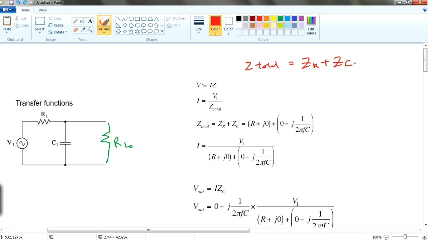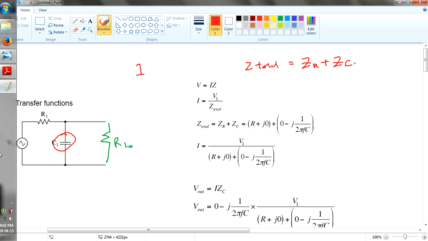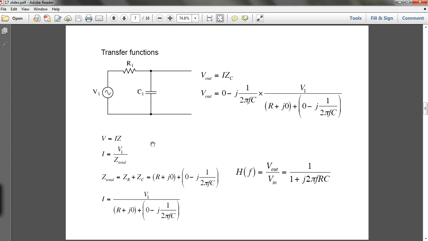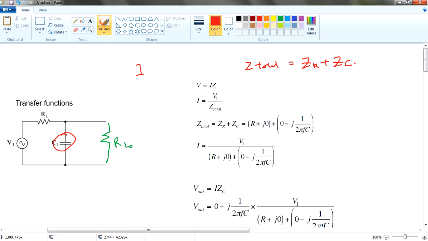You want to find the current, and typically you want to find the V out. V out across where? Across this capacitor. It didn't specify which V out you're talking about, V out over V in. It didn't specify which V out and which V in. So in this case, it's the V out across the capacitor over the V in.